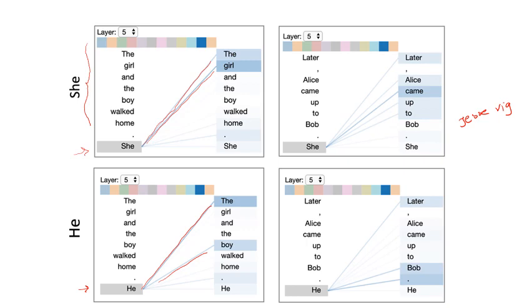Or if you have in the context another sentence like Alice came up to Bob, she refers to Alice, and we're talking about Alice who came up to Bob. But he would refer to Bob. So there are many useful and interesting things that this attention mechanism can learn through this encoder.